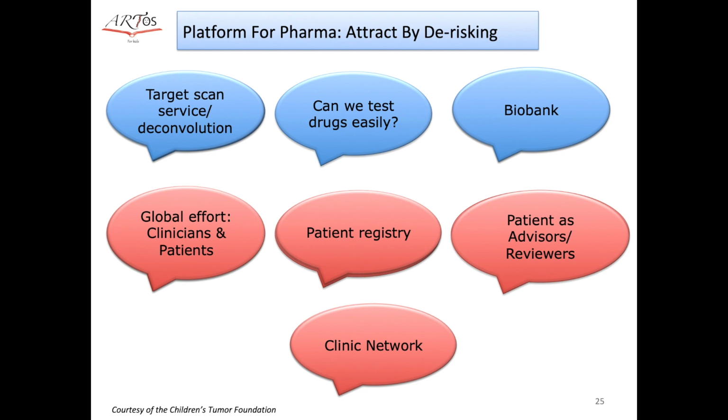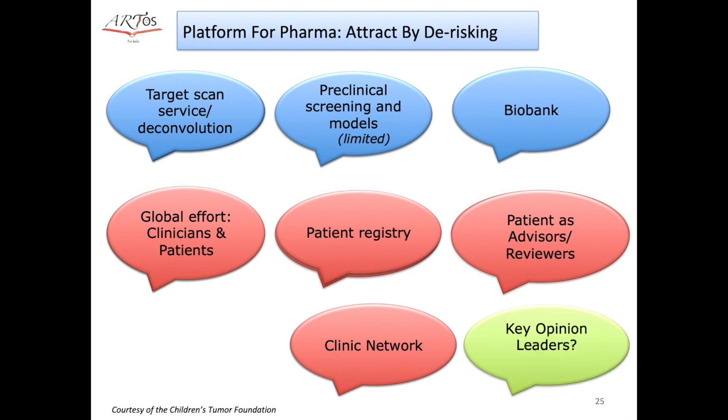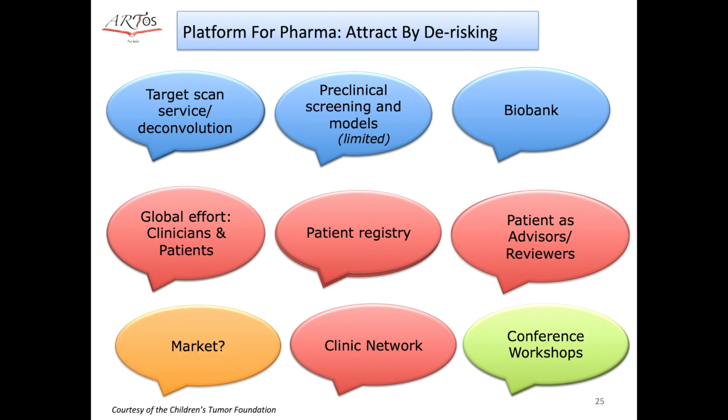You need a variety of cellular models and animal models. Don't forget that you will need to get good IP agreements to be able to access the models. Start working on it as soon as possible. Do you have key opinion leaders? Organize conferences and workshops. And finally, it would be nice if you had a market model.